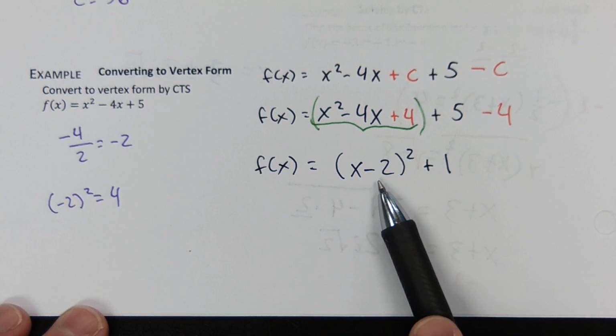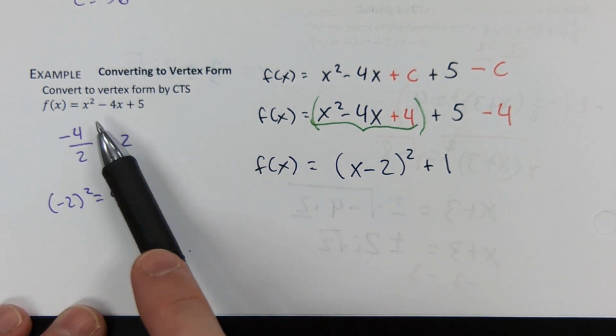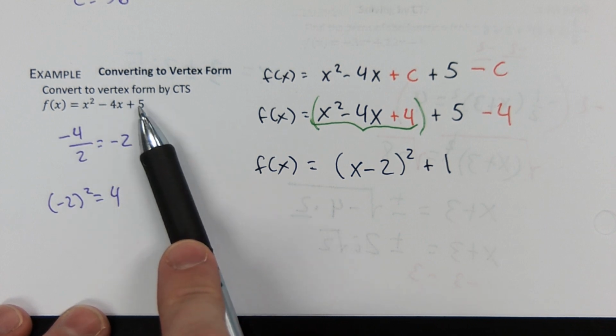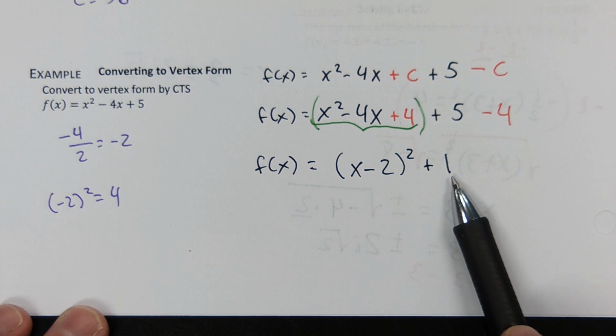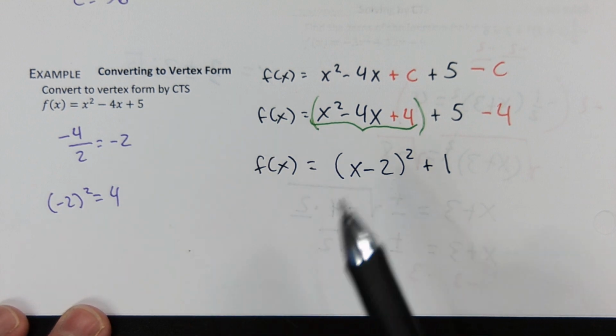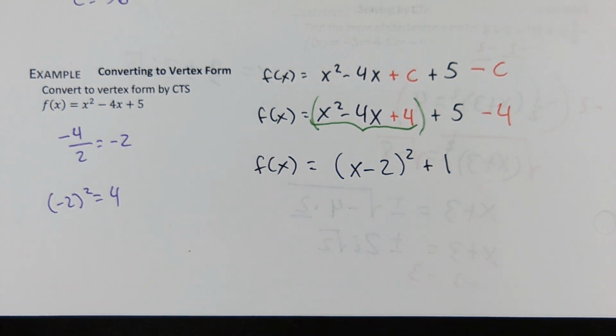Hey, look. X equals 2 makes the inside equal 0. And if you plug 2 in, you get 4 minus 8 plus 5. That's 9 minus 8, which is 1. Hey, look. The y value of a vertex is 1. This is how you go from standard form to vertex form without graphing.